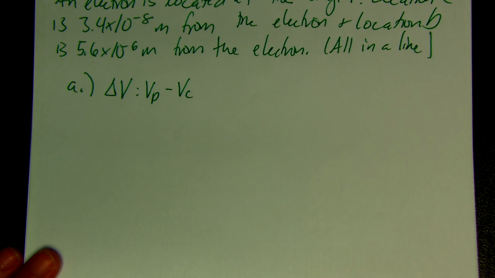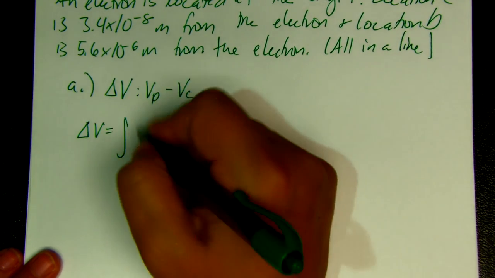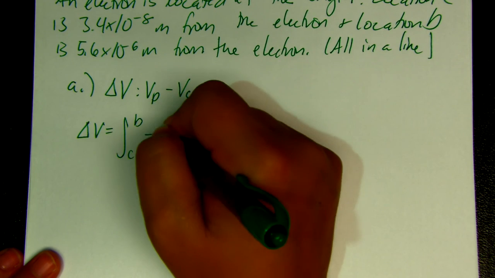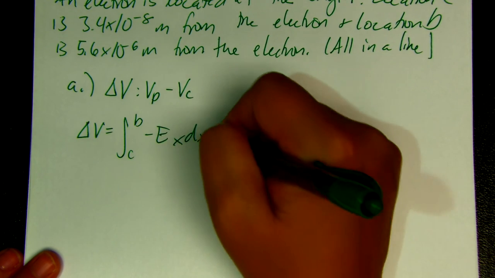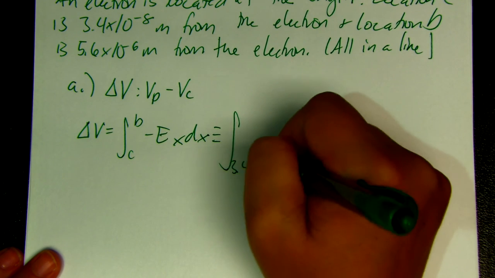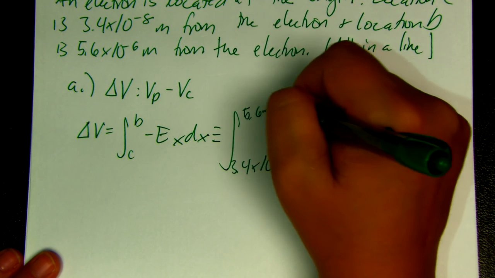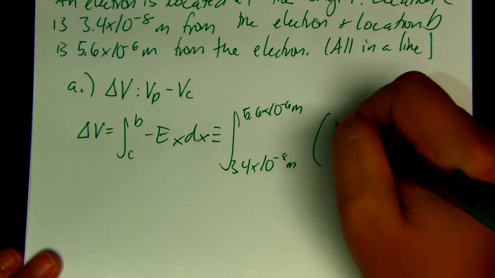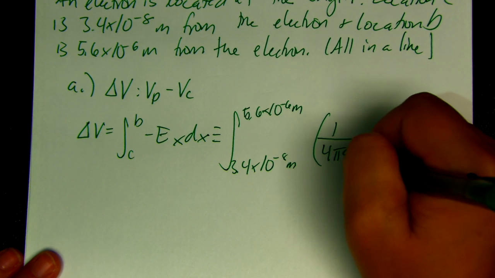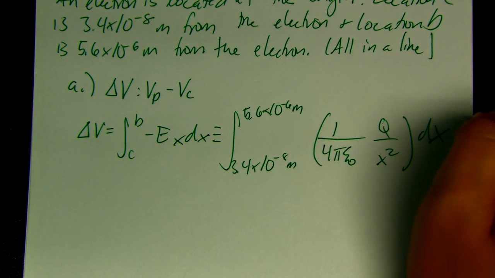All right, so calculus, I want you to set up your integral. General, you can jump right to the solution. Delta V is equal to the integral from C to D of minus E sub x dx, which is equal to the integral from 3.4 times 10 to the minus 8 meters to 5.6 times 10 to the minus 6 meters of 1 over 4 pi epsilon naught Q over x squared dx.